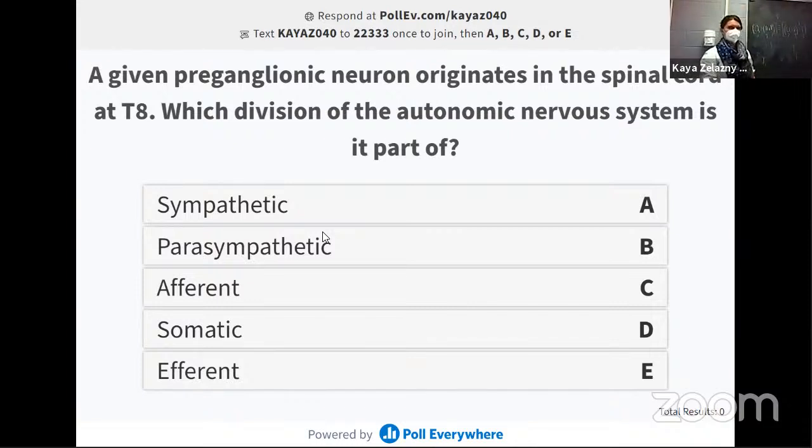Think about what part of the autonomic nervous system that would be. Okay, and then a couple seconds.